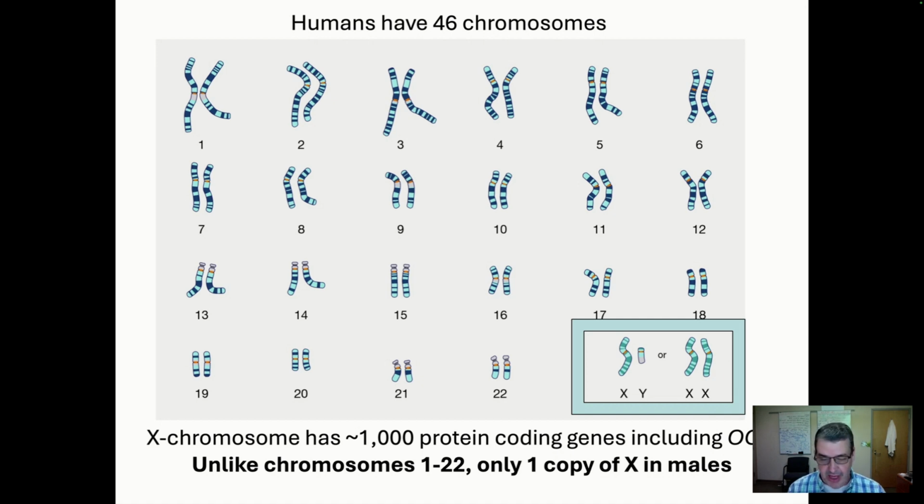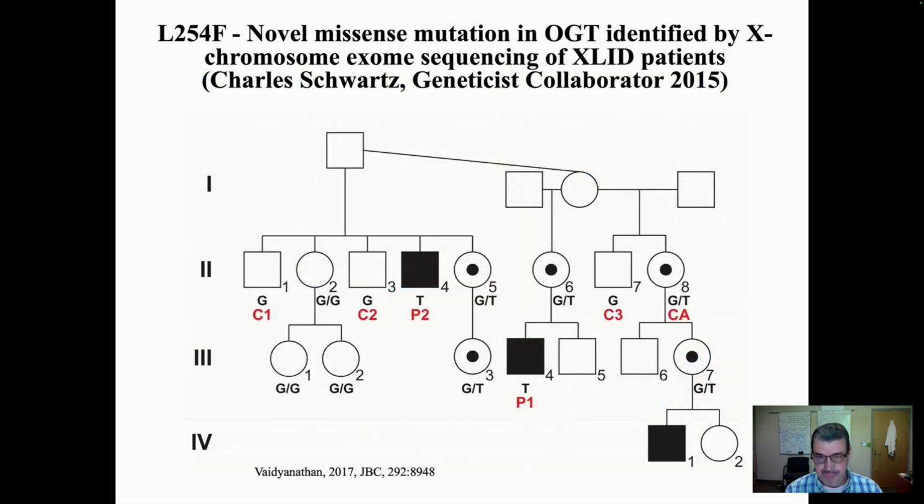The X chromosome encodes about 1,000 proteins, and one of those is OGT. The big thing to remember is that with any X-linked disease, which OGT-CDG definitely is, we see many more males affected than females, because males only have one copy of X, so you don't have this two copy issue.